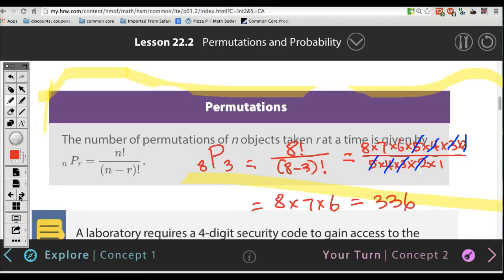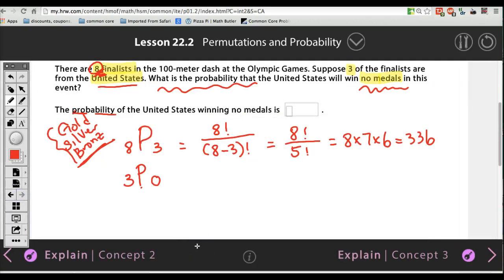We're talking about United States not being able to win any medal at all. So what will be the probability that all 3 of them win nothing? Well, out of 3, we're picking 0, and that kind of doesn't make sense. So you know what we're going to do? We're going to say, if United States is not going to win any medals, what does that mean?